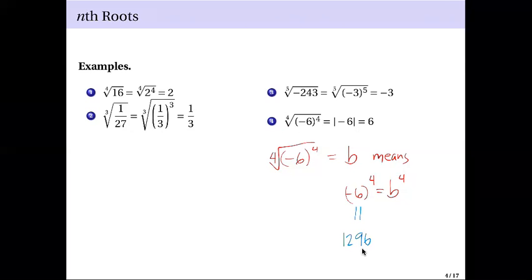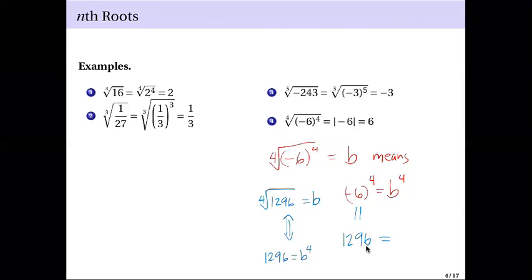Okay? So this is what we actually want. Fourth root of 1296 must be equal to b. And this means that 1296 equals b to the 4. And 1296 is a positive number. And as I have mentioned, if your power is an even number, then the negative doesn't matter. It just disappears.